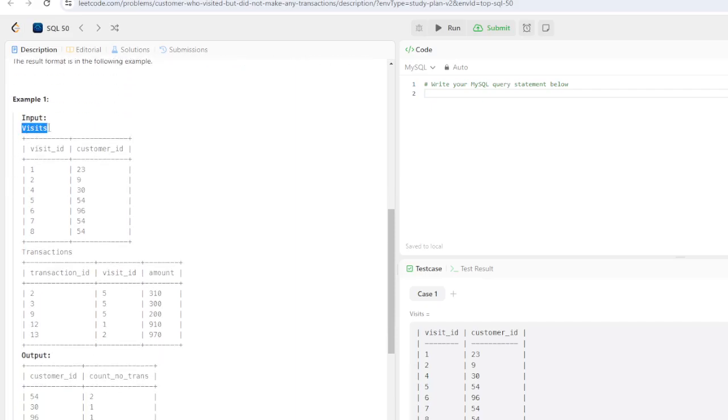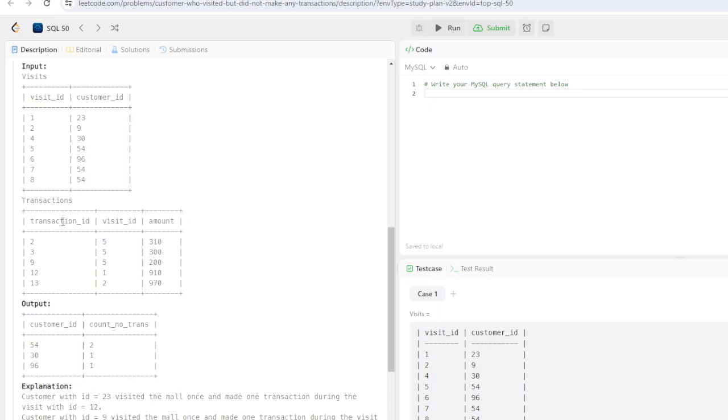So for example, in this visits table, they have the visit ID and customer ID. For example, this customer with customer ID 23 had visited with the visit ID 1. Okay. And let's say this customer ID that is 54 has visited with the visit ID as 5. Now in transactions table we have transaction ID, visit ID and amount.